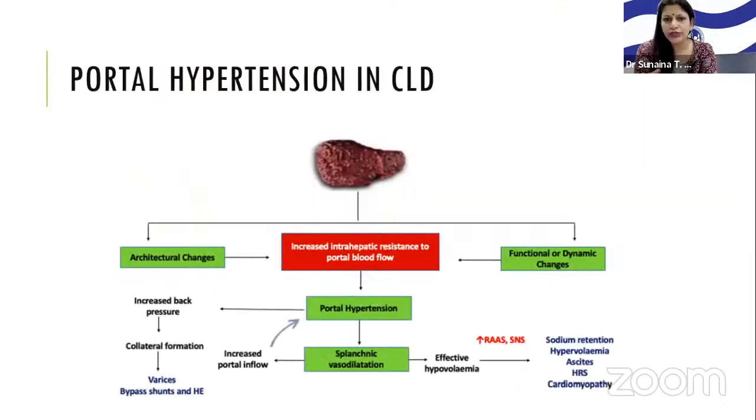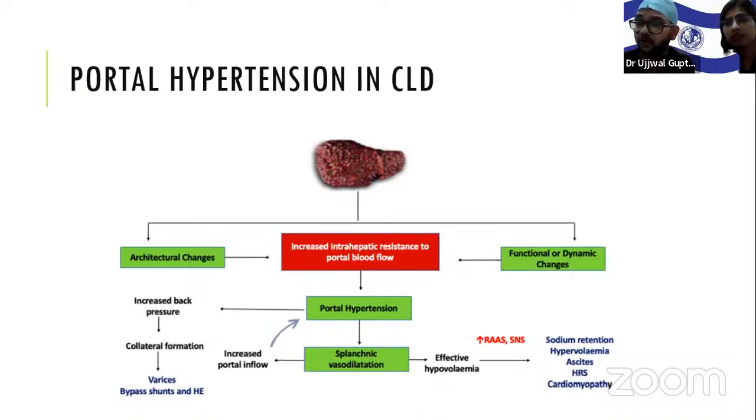So, can you tell me why portal hypertension is present in chronic liver disease? In chronic liver disease patients, there is increased intrahepatic vascular resistance due to the massive change in structure due to fibrosis and intrahepatic vasoconstriction. These occur due to endothelial cell dysfunction, activation of the stellate cells and their conversion into myofibroblasts, which makes them contractile, and angiogenesis.